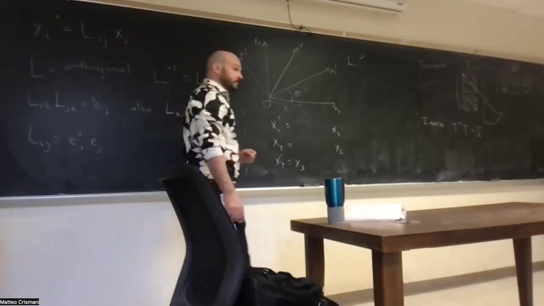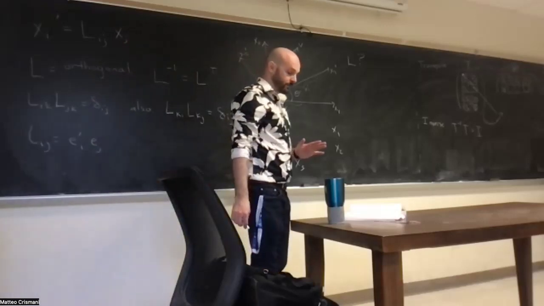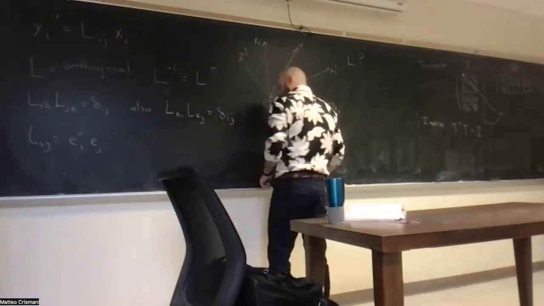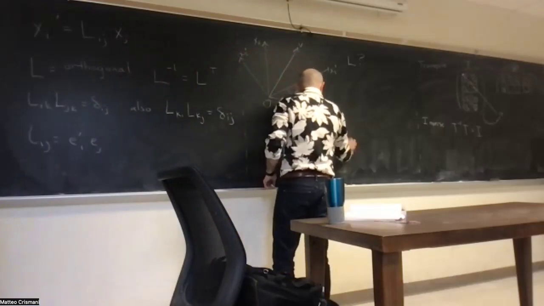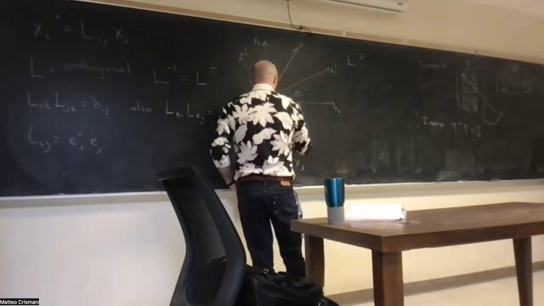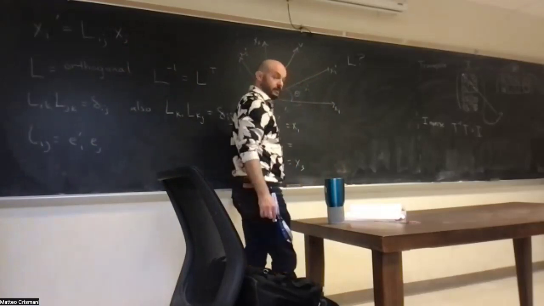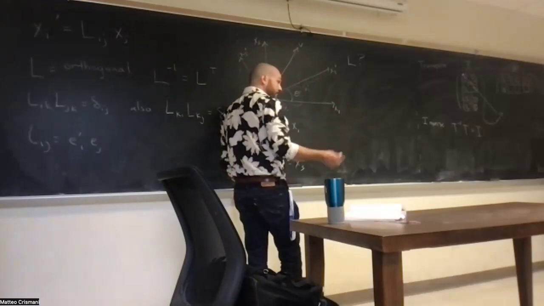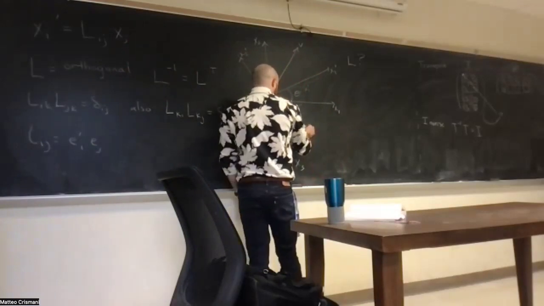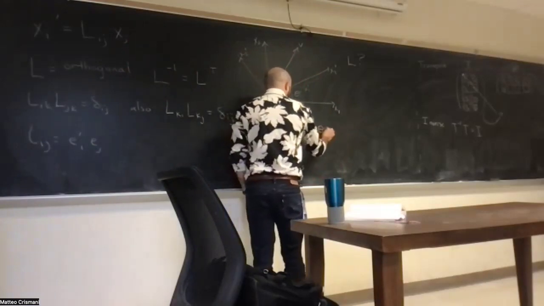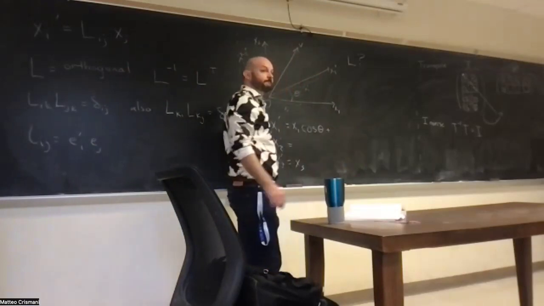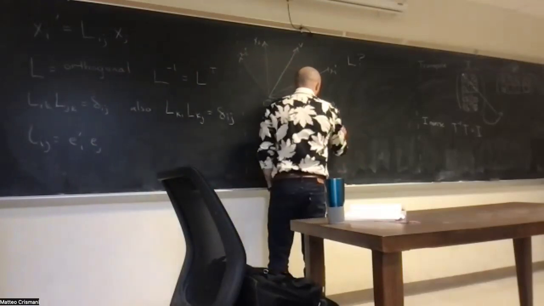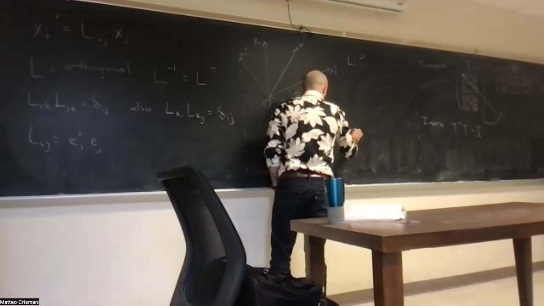So let me write it down. Is that okay? Okay. The first one is x1, and it's probably exactly what you would have thought it was. X1 cosine theta, and the piece you were missing was x2 sine theta.